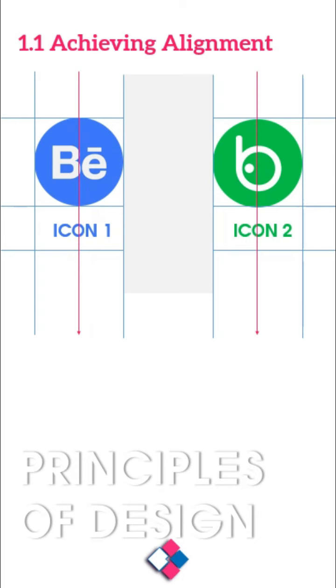And I repeated the same thing on the right side. So this is very important. The way you align your elements, either your shapes, your icons, your text, or any of the graphical elements, is very, very important. So that's one way to achieve alignment, by making use of grid lines. It will really help you.